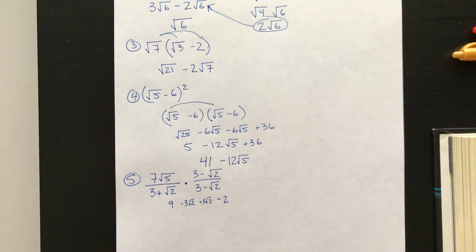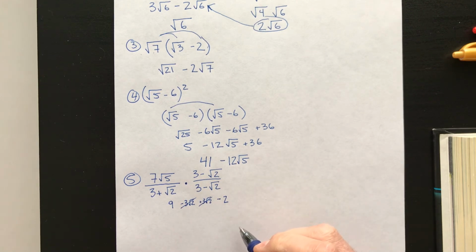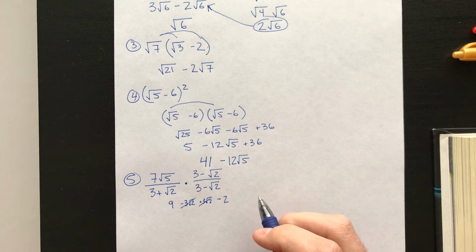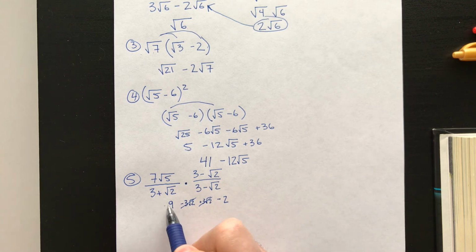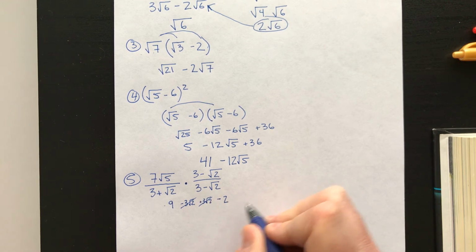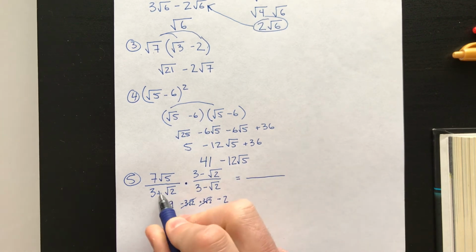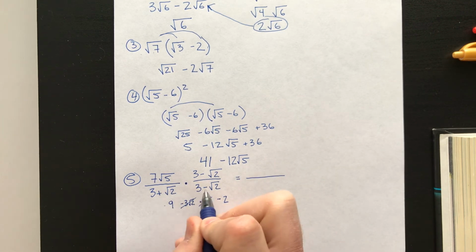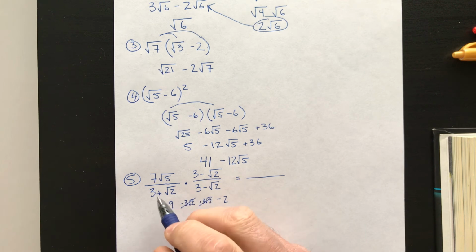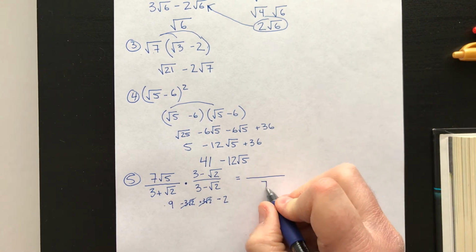These cancel, so all that we're left with is 9 minus 2, which is 7. So after multiplying, or FOILing, the denominator, I get 9 minus 2, which is 7.